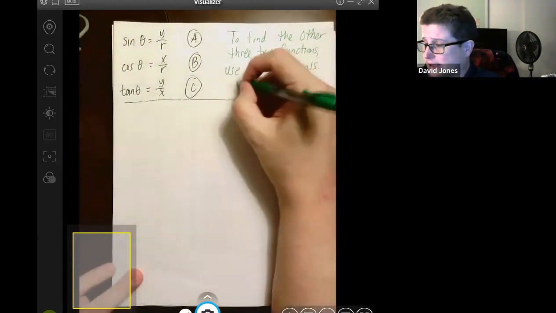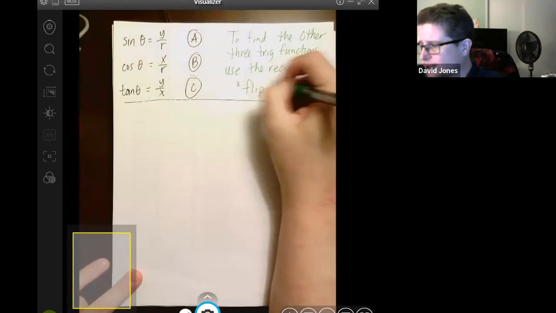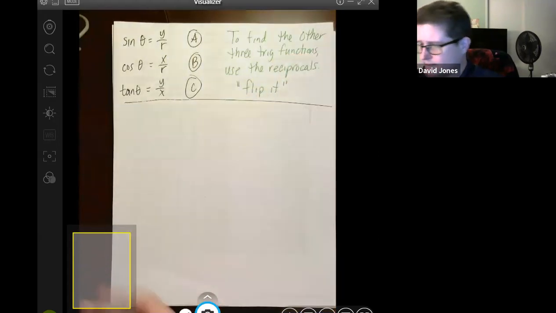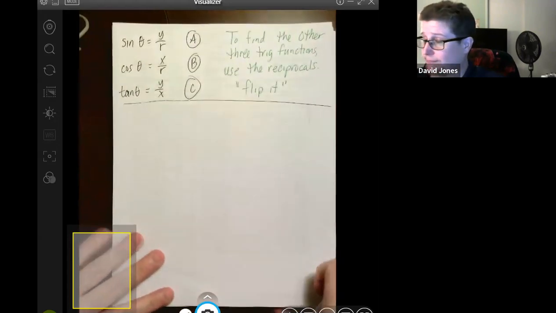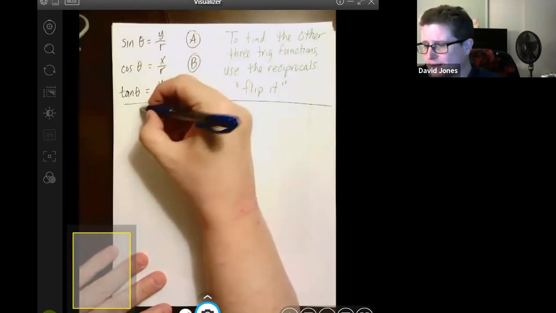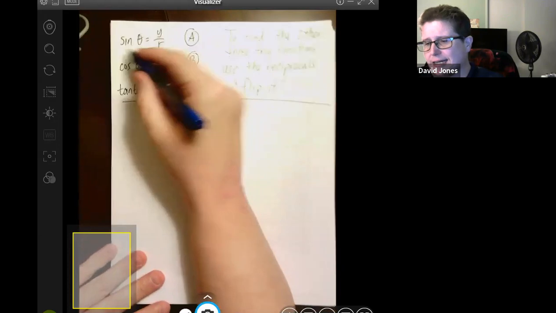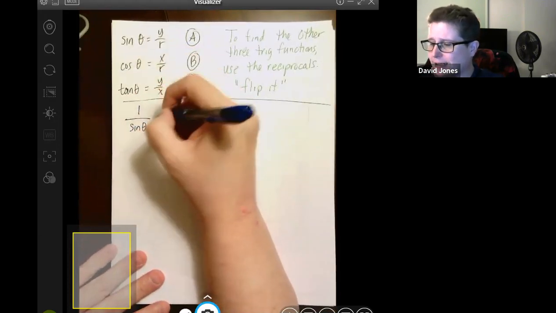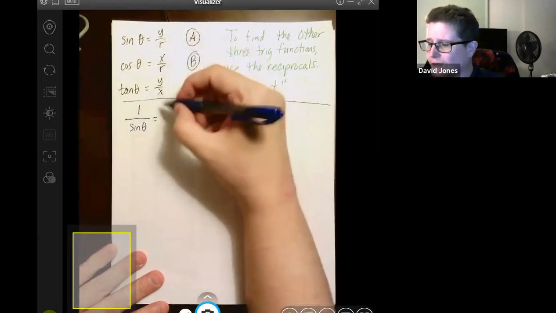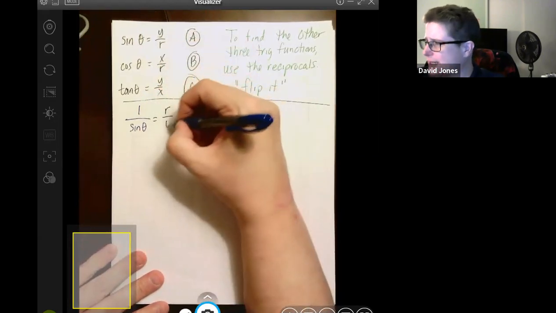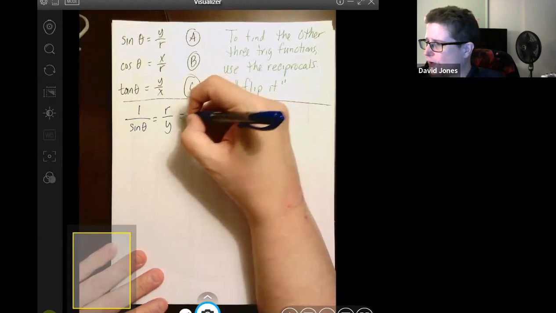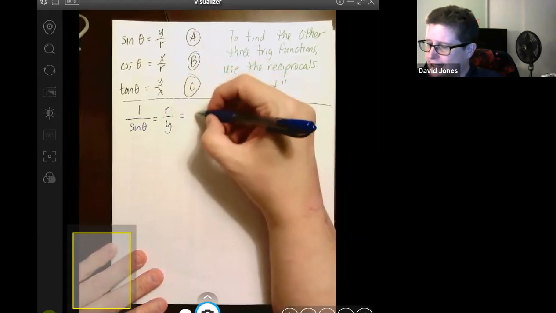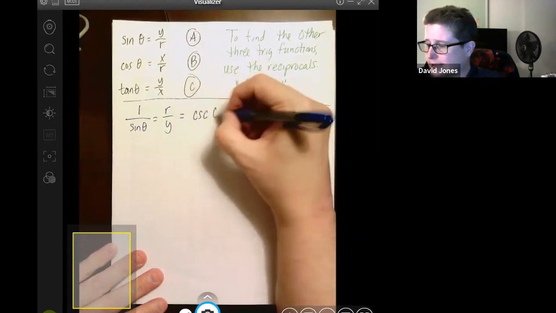Flip it. Flip it real good. That's whip it. All right, so if I flip sine theta, this is like sine theta over 1. Flipping it over is 1 over sine theta. Flipping over y over r becomes r over y. And 1 over sine theta is cosecant theta.